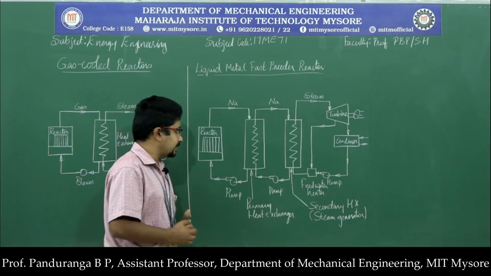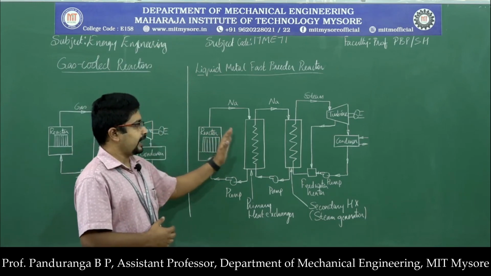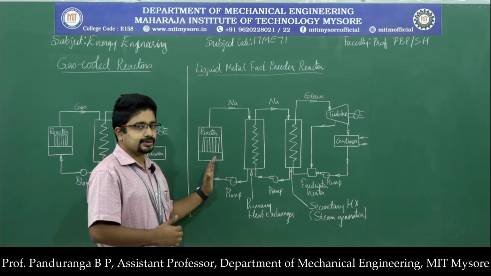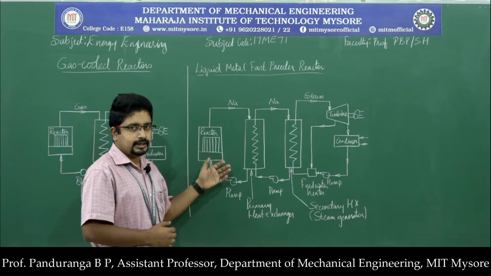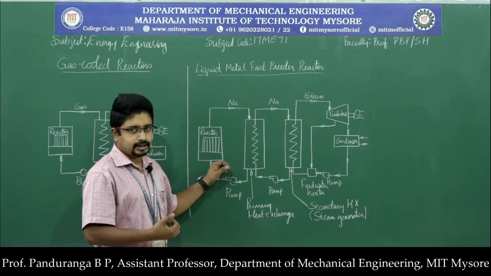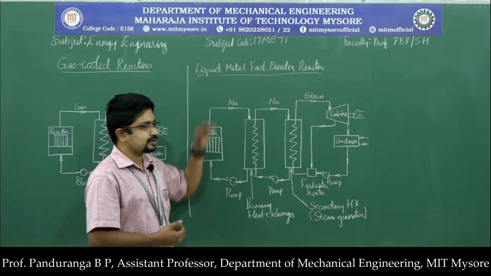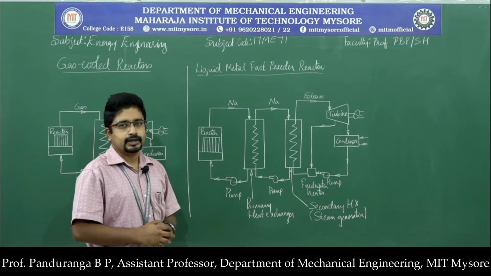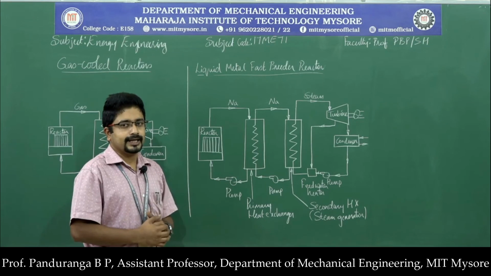When it comes to the working, here we have two different loops of sodium, because the sodium, which is a metal and will be in liquid state because of very high temperatures, becomes highly radioactive as it passes through the reactor core. So we don't want to take any risk.